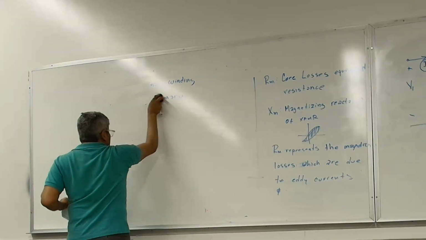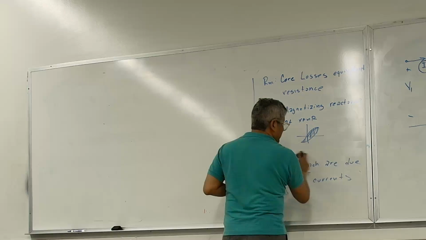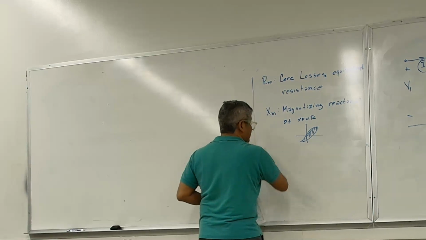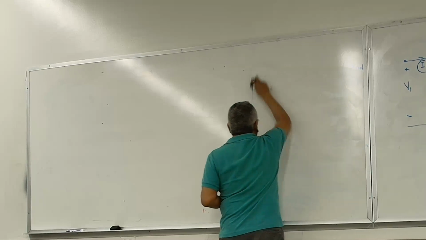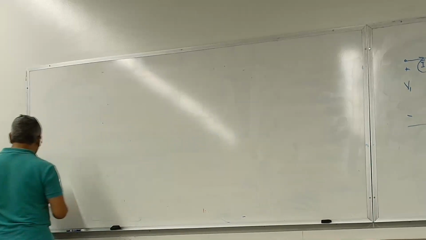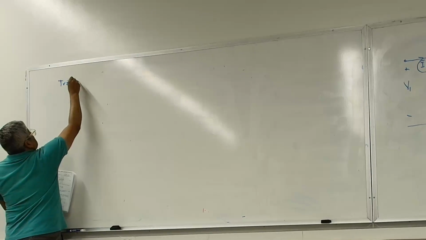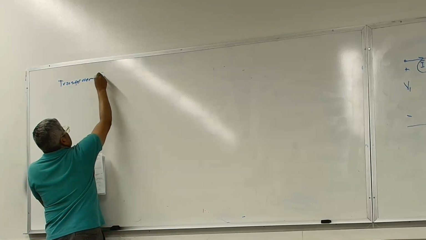Just like the ideal transformer, it makes analysis so much easier, especially if you're doing analysis by hand. If you're doing it on the computer, it doesn't really matter, because the computer is going to do all of this for you. But let's start with the transformer equivalent circuit.